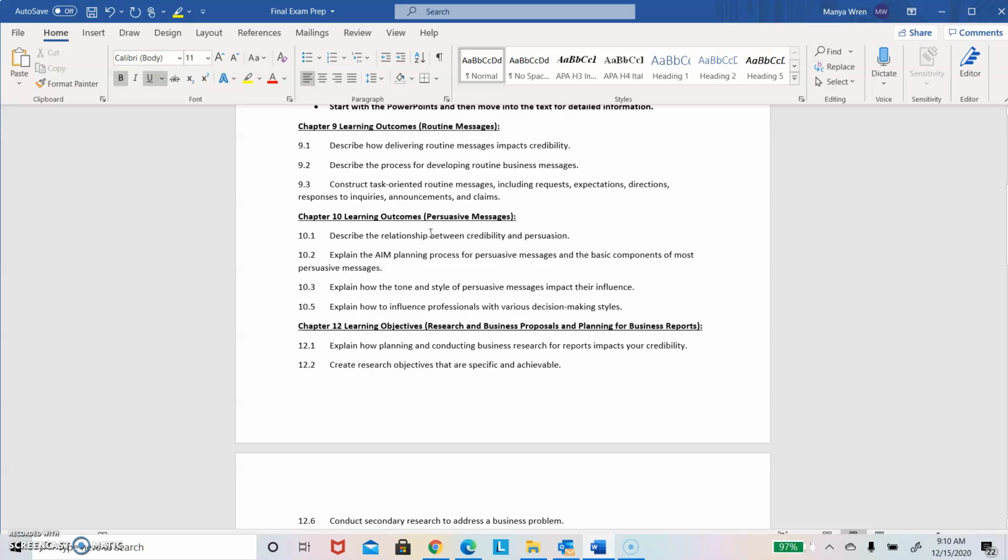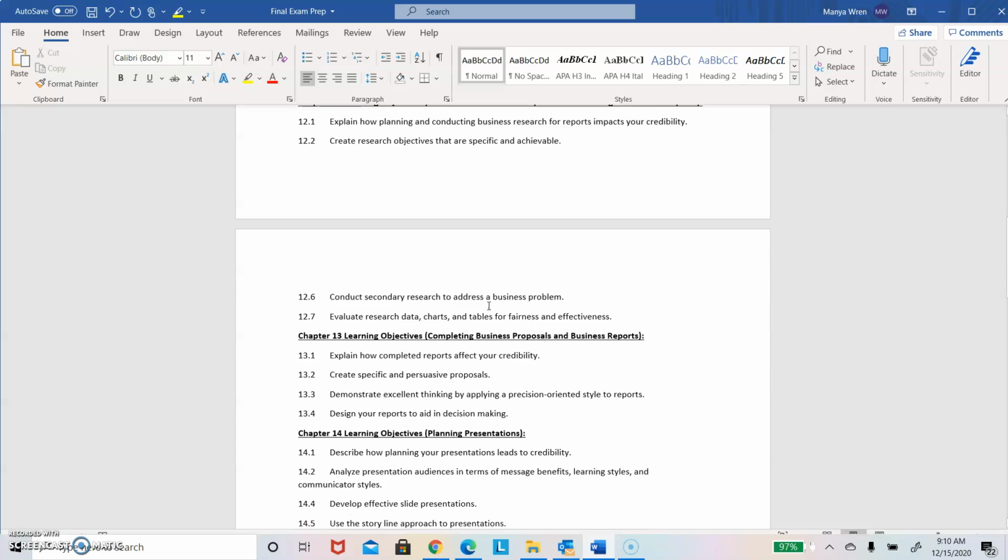Chapter 10 is on persuasive messages, so you should be pretty familiar with them, since your individual presentation focused on convincing the reader, as well as the cover page of the other report you wrote for your group project. You're trying to convince the reader to read the message.